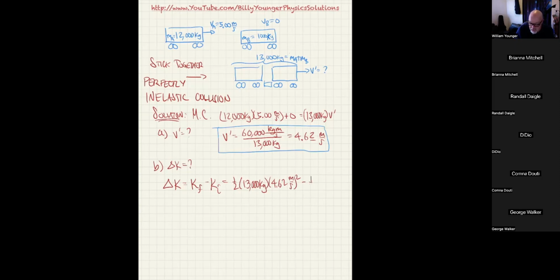So I don't need to count it because that's going to be 1/2 times 1,000 times 0 squared. So this one's just going to become 1/2 times 12,000 times 5.00 meters per second squared.